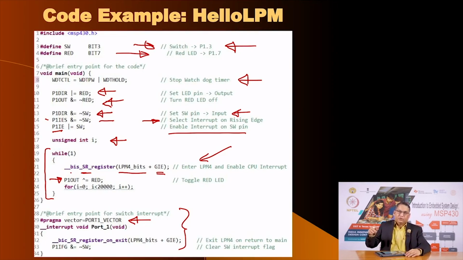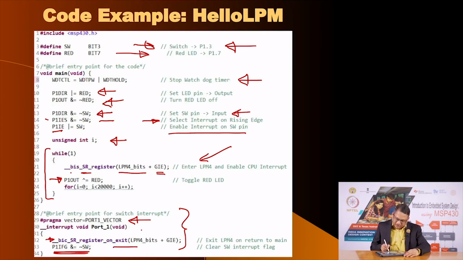Now, what happens? You press the switch, you go into this interrupt, and in this interrupt you are exiting from the low power mode. You are clearing the appropriate bits in the status register. You are also enabling the interrupts again, and you are resetting the bit in the port 1 interrupt flag register, so that next time around when the switch is pressed, you can again register an interrupt.